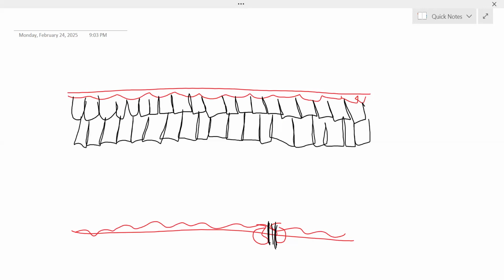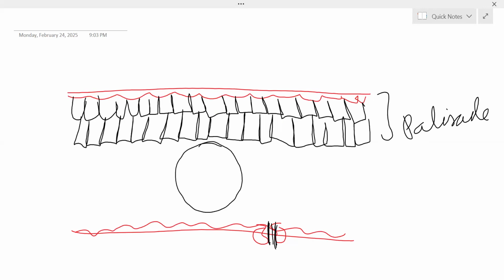These are long column-like cells. We call them palisade mesophyll. And in the center of the leaf, mostly we can find a ring-like structure made up of xylem and phloem.